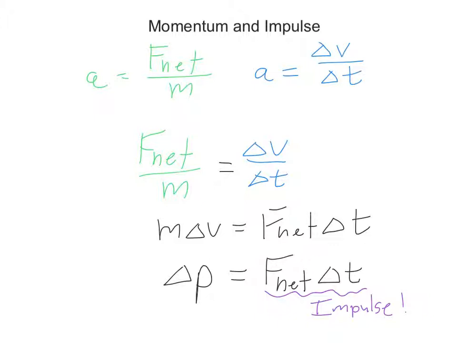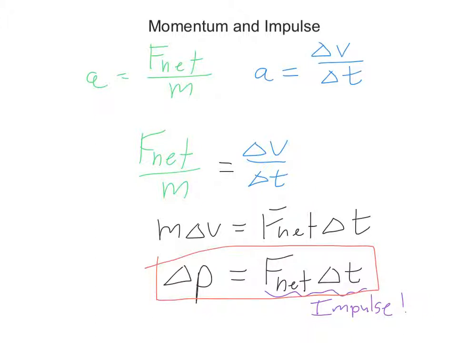And this equation, as I box it, is how it appears on the AP equation table. So this is the equation that relates impulse to momentum. And if we want to put into words what an impulse is, it's basically a change in momentum that is caused by a net force.